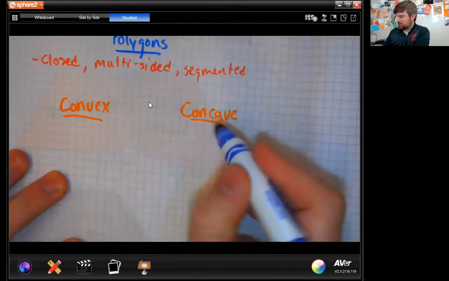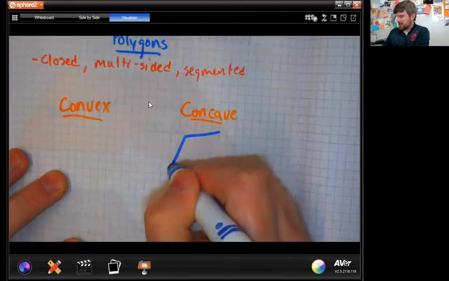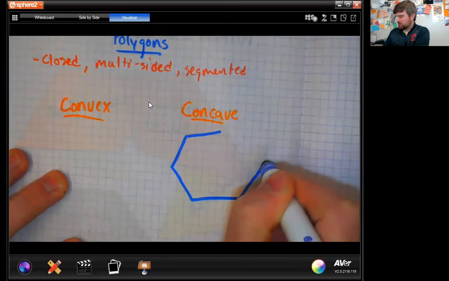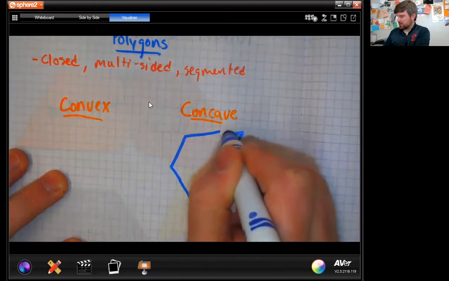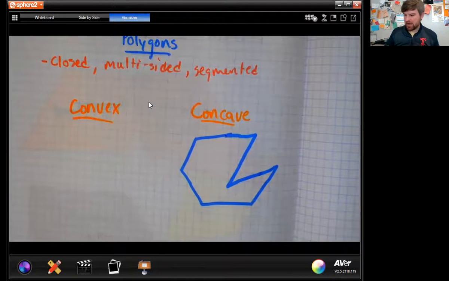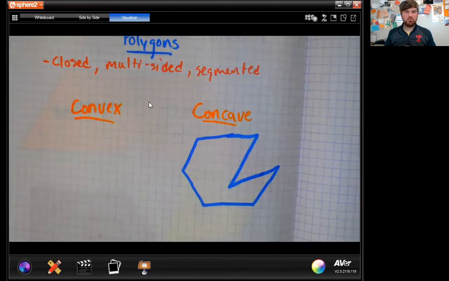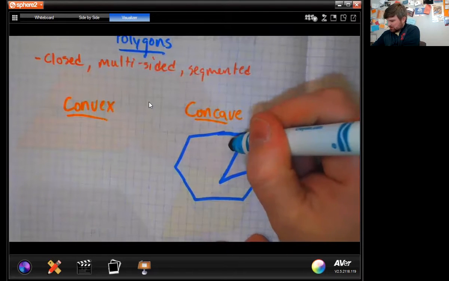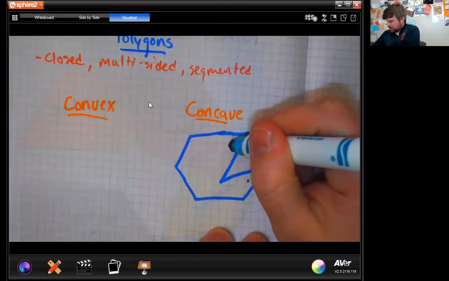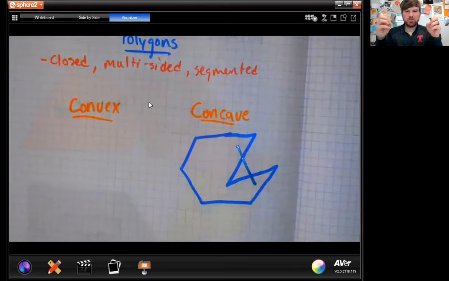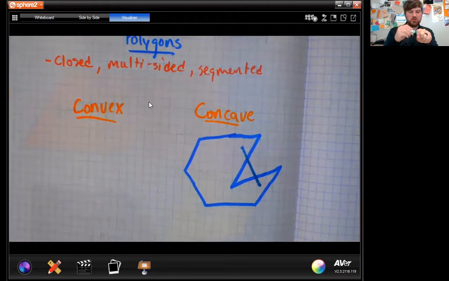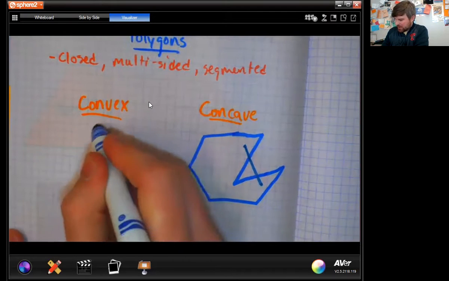Concave is any shape that has a cavity to it, something that goes to the inside. By definition, it's where you can put two points on the shape and draw a segment between them that is both on the inside and the outside. For example, if I put a point here and a point here, and I draw the line, the endpoints are on the inside of the shape while the segment goes on the outside. And if you have a convex shape, that cannot happen.